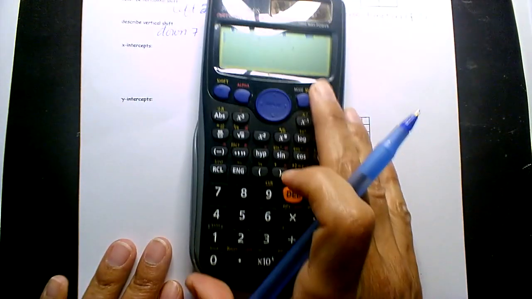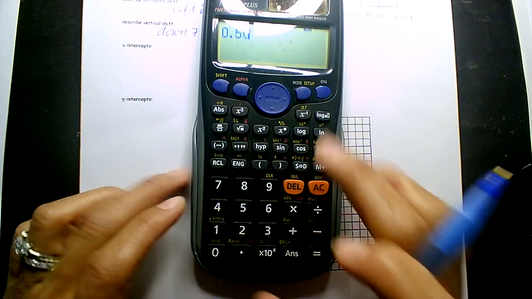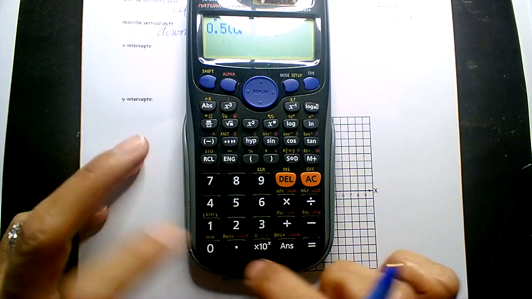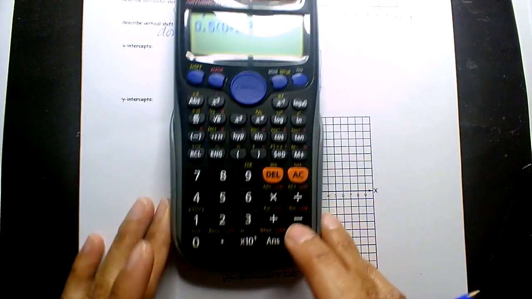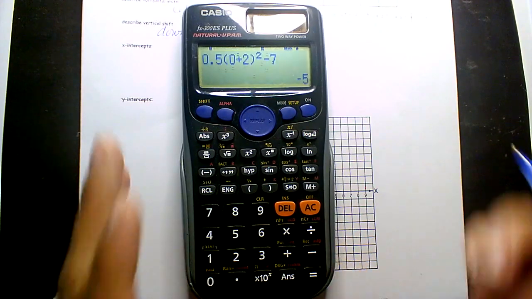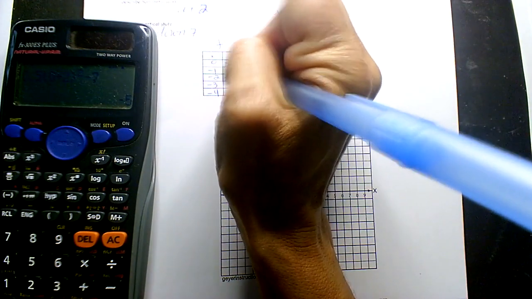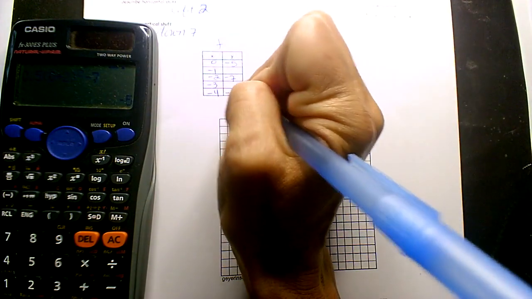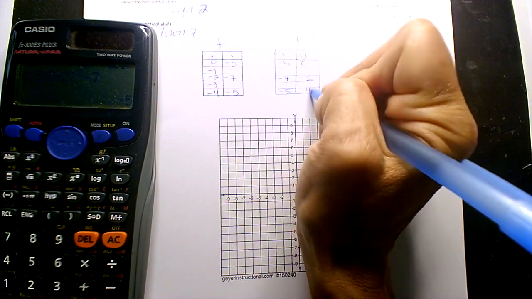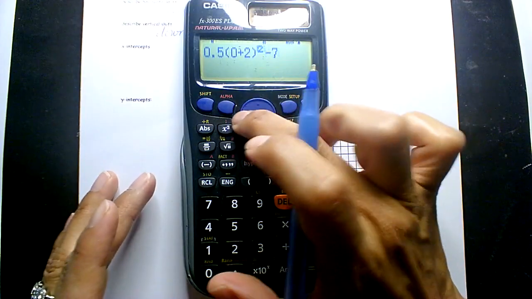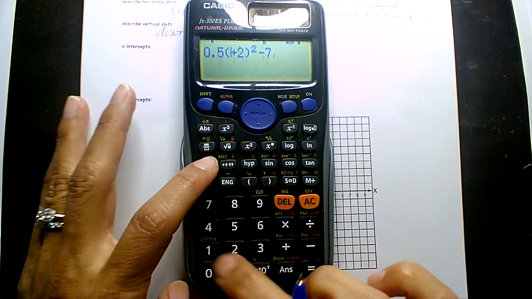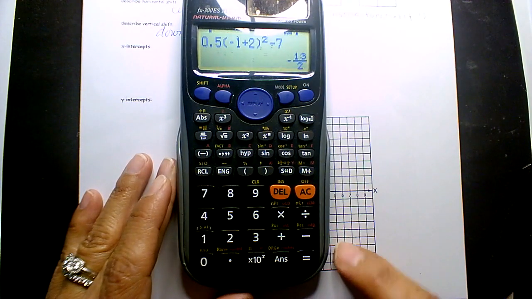So if it is 0.5, what am I plugging in? 0 plus 2 squared minus 7. I get -5, so the output is -5. And then if I substitute -1, I get -6.5.